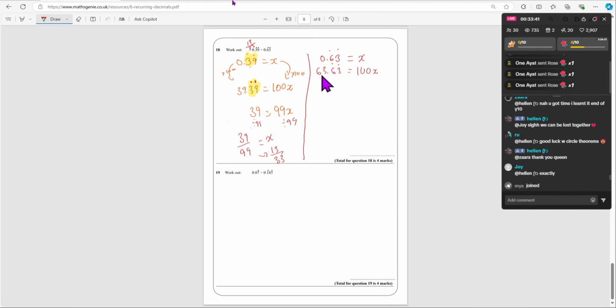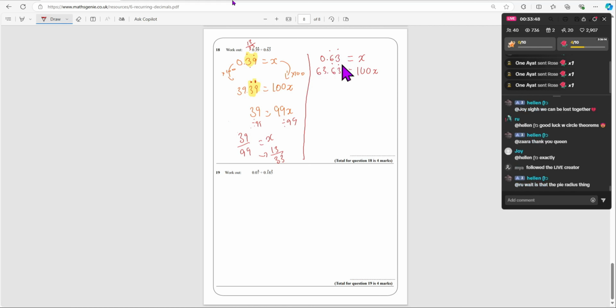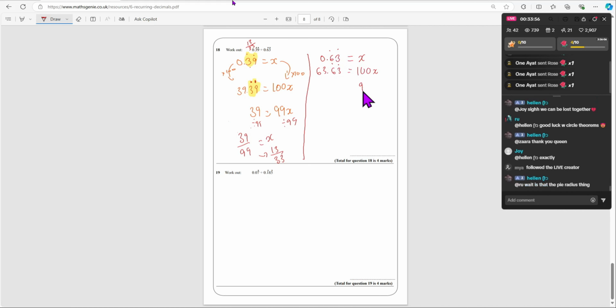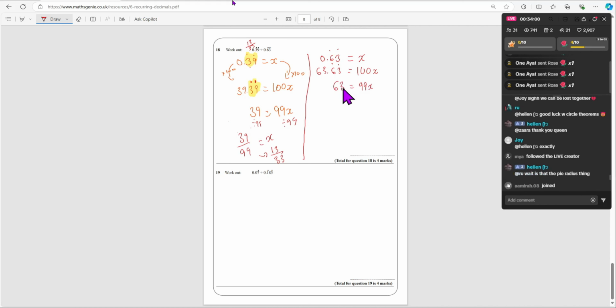Okay? Now, once we have done that, we can see that the recurring numbers can cancel each other out, so that they have the same values, okay? So we can literally cancel them out. We're going to get 99x, okay? 99x is equal to 63.